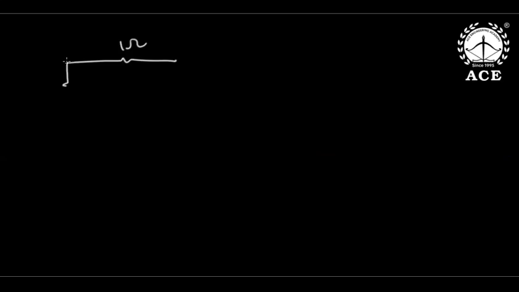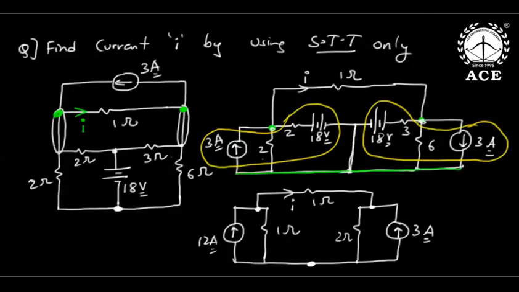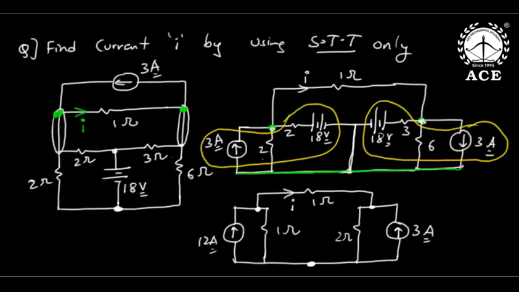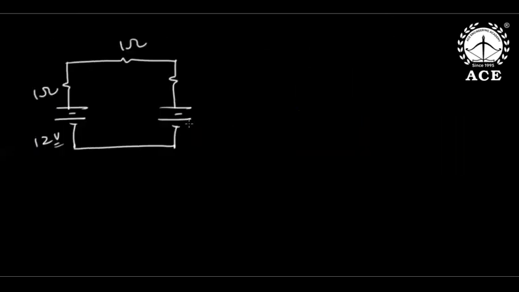Now 12 in parallel to 1 becomes 12 volts in series with 1. Here also 3 in parallel to 2 becomes 6 volts in series with 2. And I need this current I. Now simply let me write KVL.